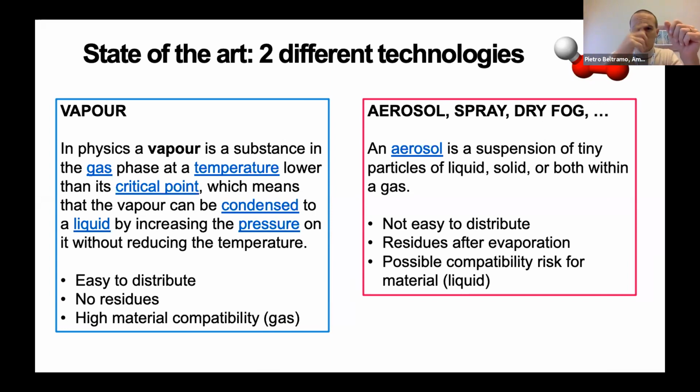Now, it's important to distinguish because, like everything in life, there are advantages and disadvantages to the technologies. In the case of droplet dispersion, the aerosol, you don't need to take care of the relative humidity because it's already liquid, it will not condense, it's already condensed. While with the H2O2 vapor in gas phase, it's important to take care of the relative humidity because you can have a change in status from gas to liquid.